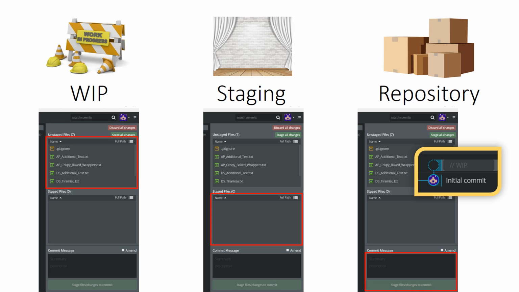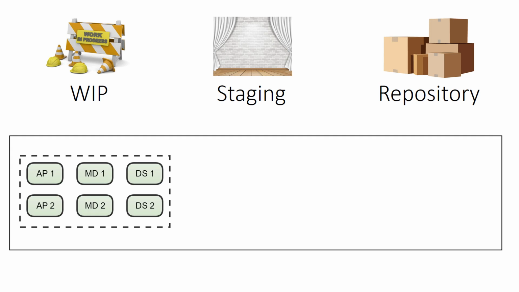Now, I want to take you through how a file moves from one phase to another, right? If you remember, in our project, we have the appetizer, main dish, and the dessert, and each of them has two different text files. I represent those as AP1, AP2 for the appetizer, MD1, MD2 for the main dish, and DS1 and DS2 for the dessert.